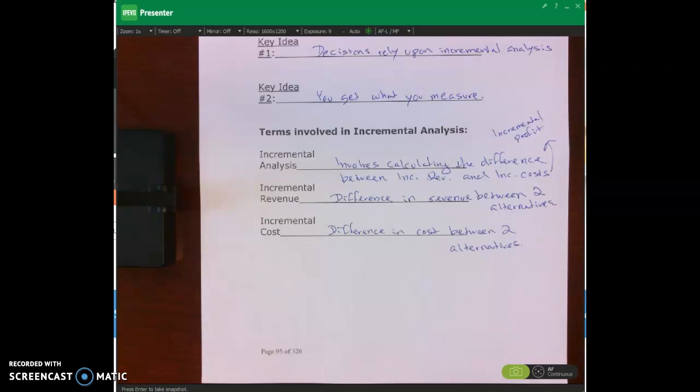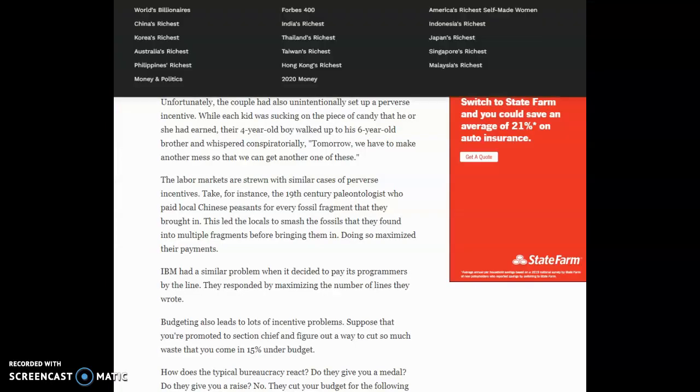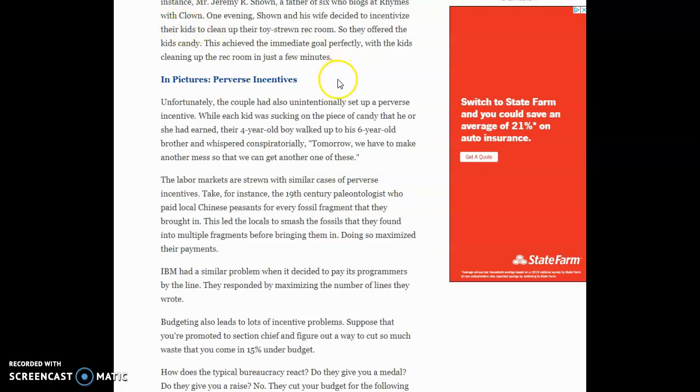Basically, that becomes a de facto incentive for them to pursue a certain behavior. And so if you look over here, this is an example of some perverse incentives. So one thing is that IBM used to incentivize people to maximize lines of code, so then programmers program by lines of code. And there's also a lot of other perverse incentives.